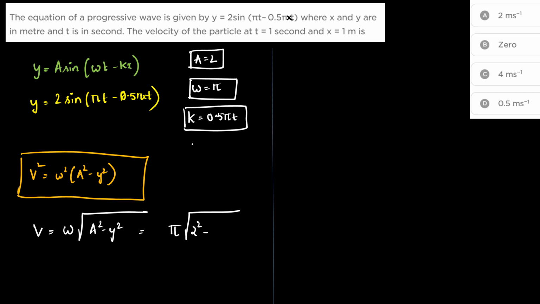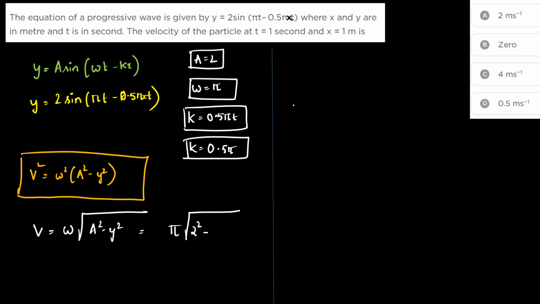So for the k value, instead of taking 1, I can just take this as 0.5. Now I will substitute, and what is going to be the value of y?